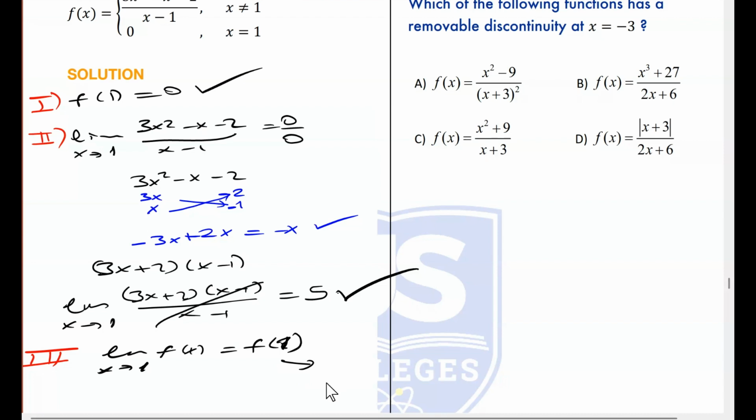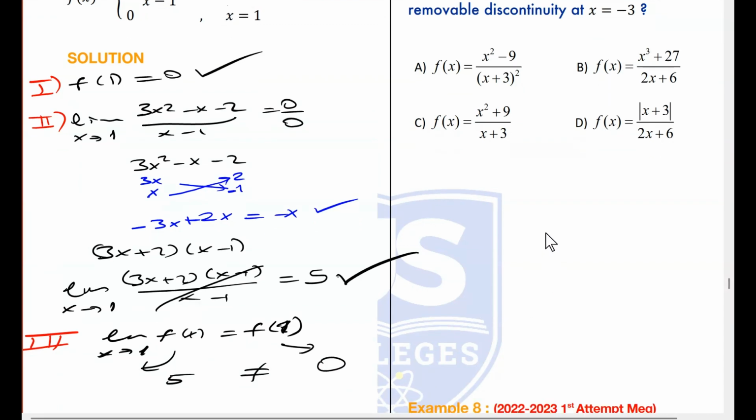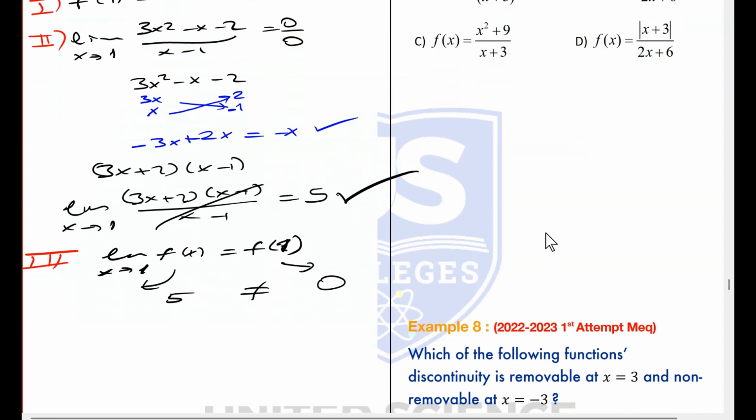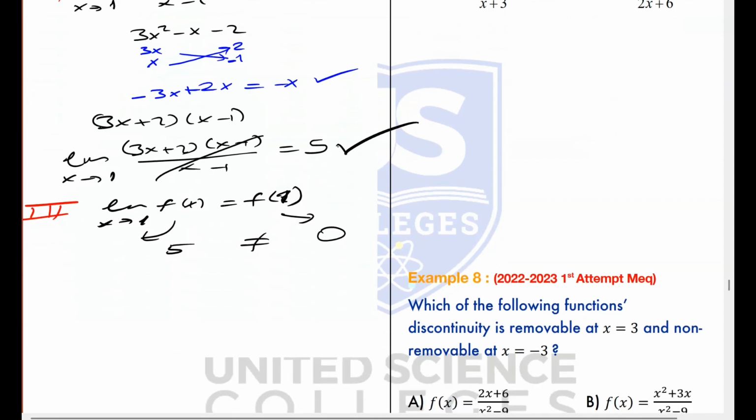It was 0. What's the value of the limit at 1? It was 5. They are not equal to each other. The last condition didn't satisfy. Then, unfortunately, the function is not continuous. So f of x is discontinuous.